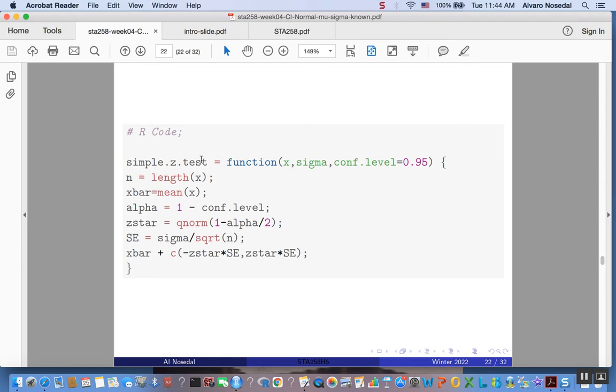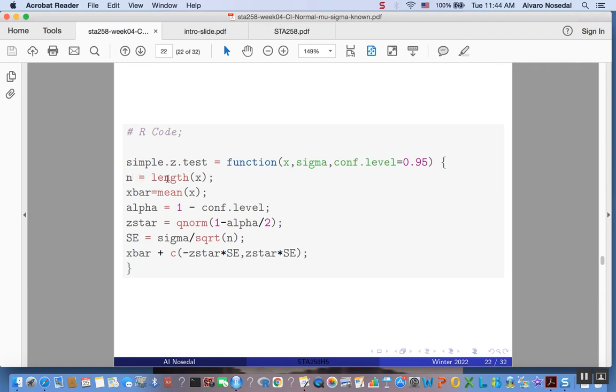So the name of our function will be simple.z.test. It's going to be a function, right? And with this equals, we are assigning this function to simple.z.test. The arguments, the input that we're going to need are these: x, sigma, the confidence level, and since we're setting this confidence level equal to 0.95, that's going to be the default for our function.